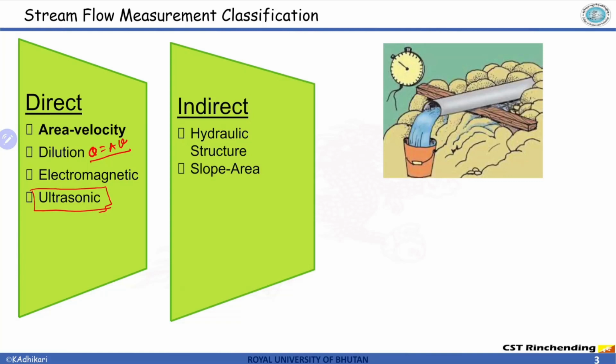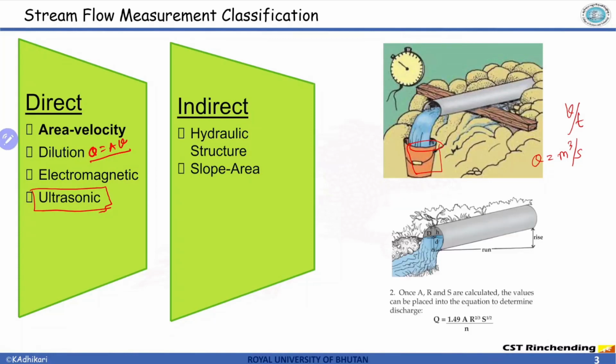So we simply take a bucket and let the water fill up, and we note the time, and volume by time gives us meter cube per second, and that is the discharge, right? So this is one way. If the stream is fairly small, like spring water, then you can use this technique to measure the discharge.